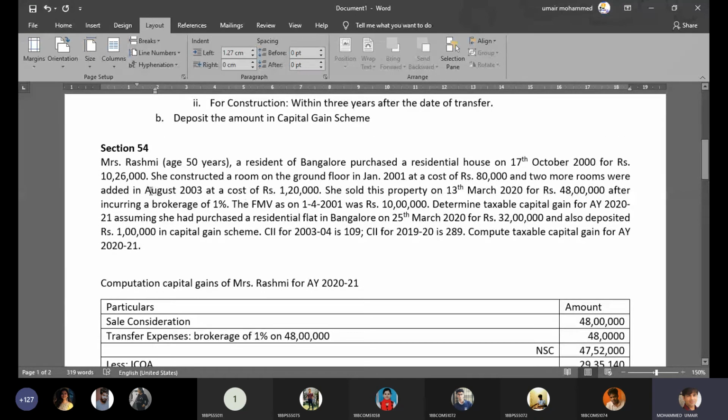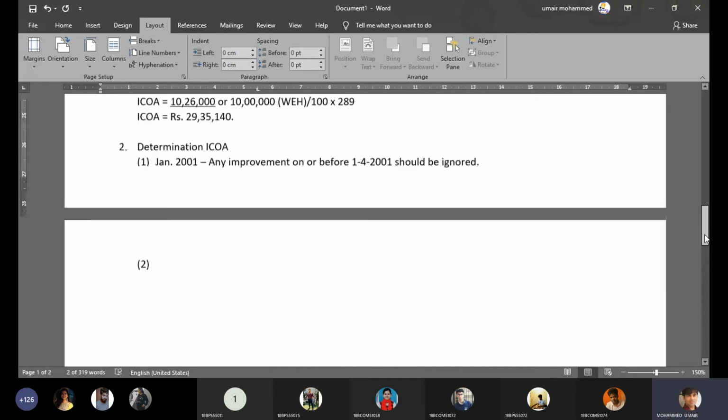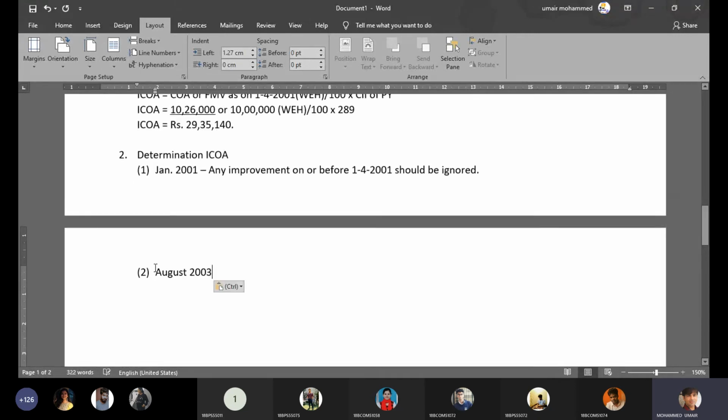Only improvement done after 1st April 2001 should be considered. And that's what we are doing here. The first improvement needs to be ignored. The second improvement can be considered. So index cost of improvement is equal to cost of improvement divided by CII of the improvement year multiplied by CII of previous year.